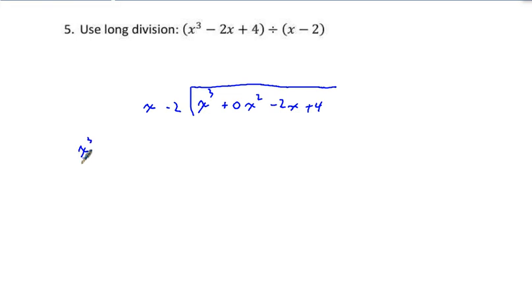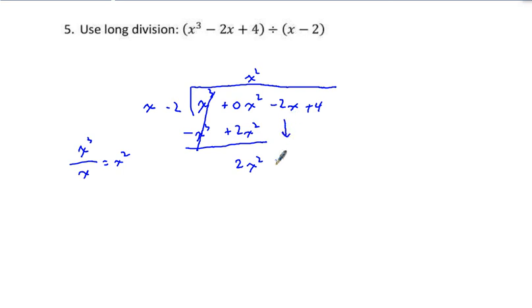We divide x cubed by x and get x squared. We multiply x cubed minus 2x squared. We subtract. And 2x squared is the answer there.